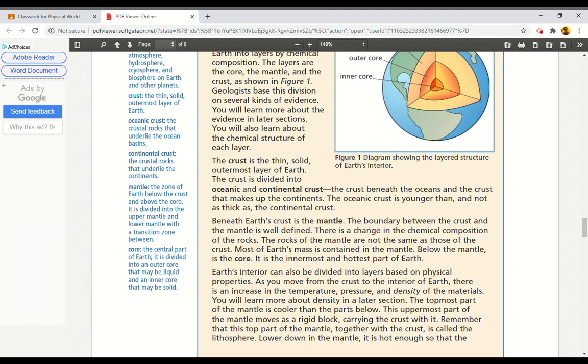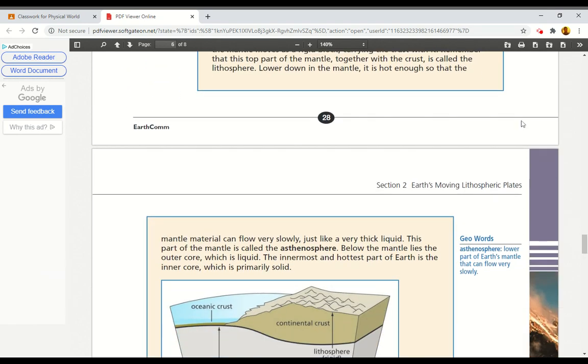The topmost part of the mantle is cooler than the parts below. This uppermost part of the mantle moves as a rigid block, carrying the crust with it. Remember that this top part of the mantle, together with the crust, is called the lithosphere.